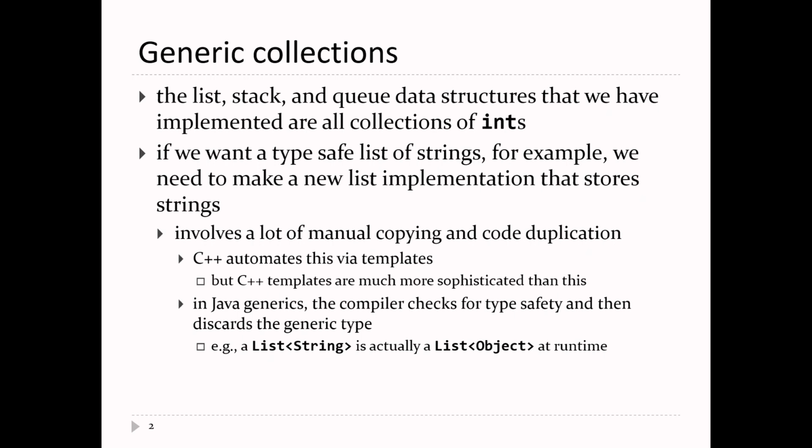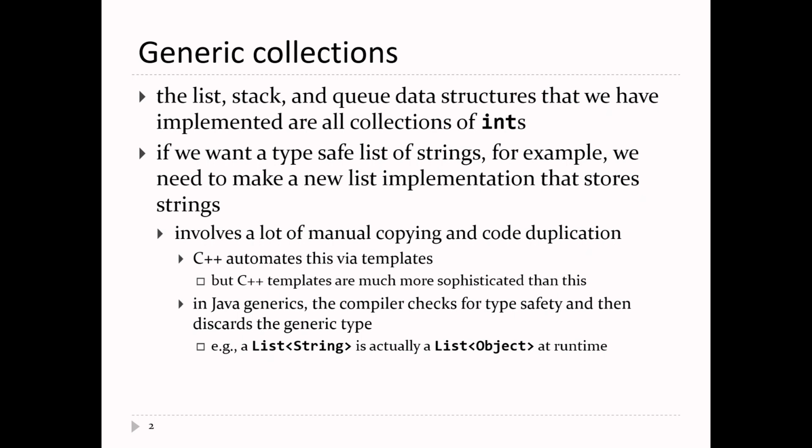Now, surprisingly, the language C++ has a facility called templates, designed especially for this. So in C++, you make a data structure, you call it a generic data structure using this template mechanism.